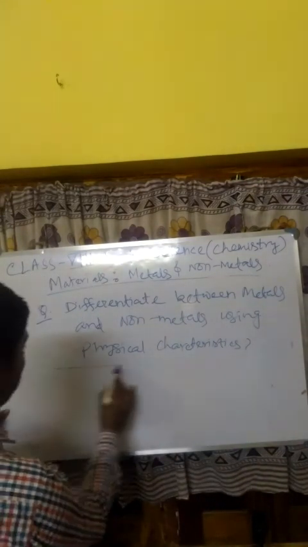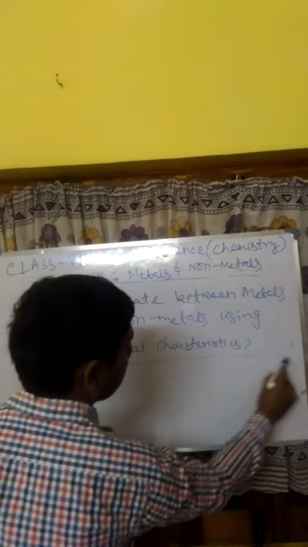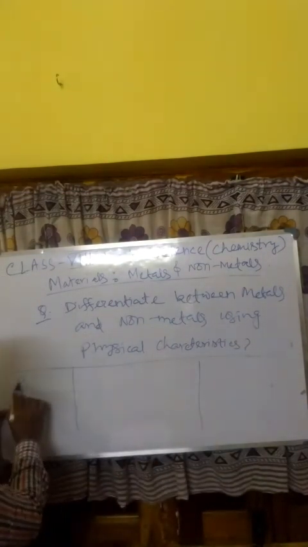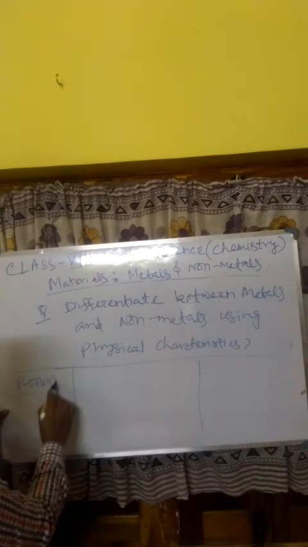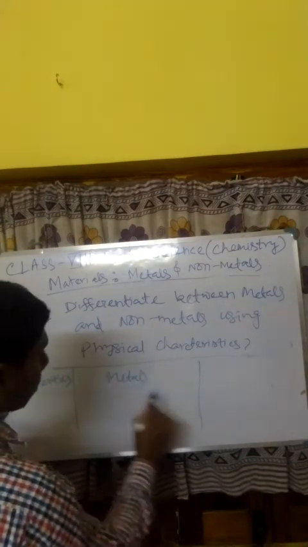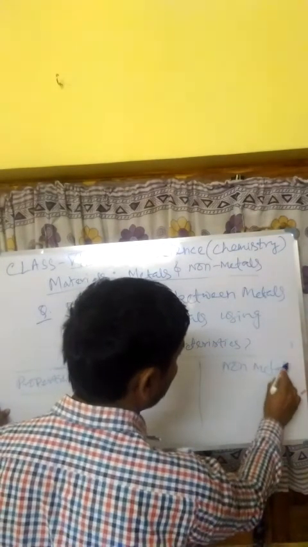Then we have to make a table like this, a column like this. Here should be the properties, here the metals, and here the non-metals.